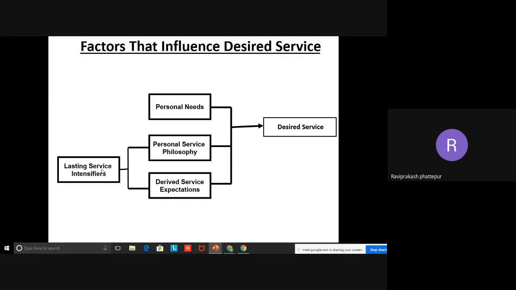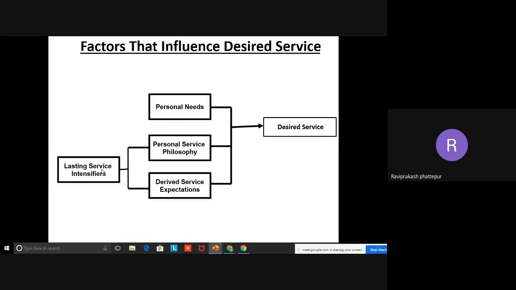Next, moving to lasting service intensifiers, the second major influence on the desired service expectations. Lasting service intensifiers are individual stable factors that lead the customer to a heightened sensitivity of service. That means if you avail that particular service, you should feel good.